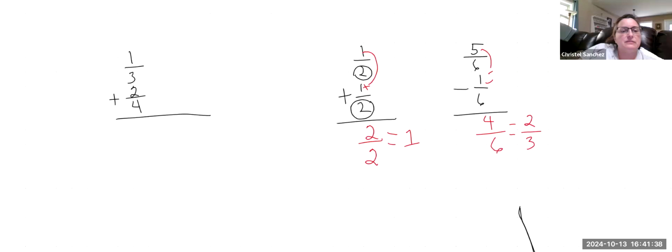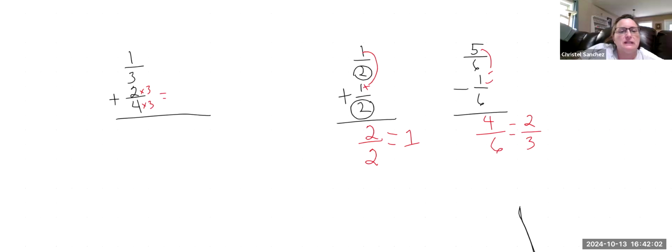You're going to multiply them times the opposite fraction. So this is what I mean. I have this 3. I'm going to multiply it times 2, and I'm going to multiply it times my 4. What's 2 times 3? 6.